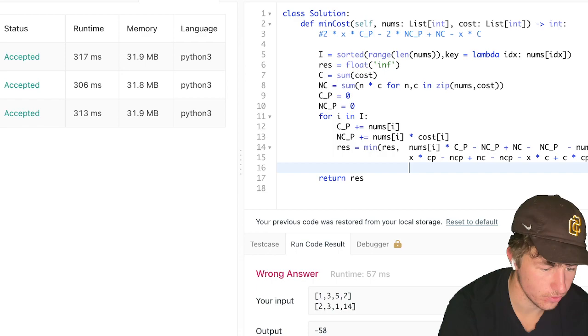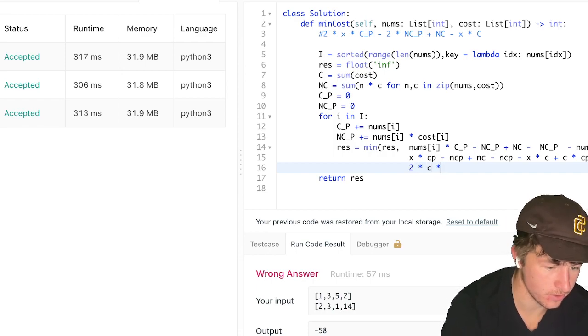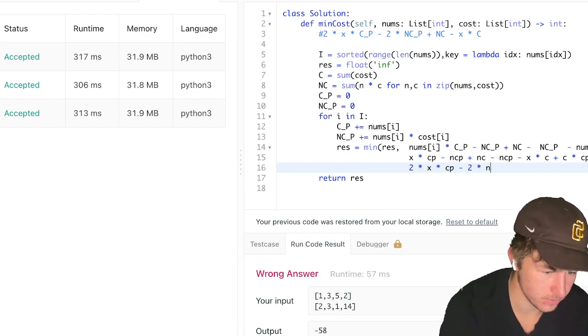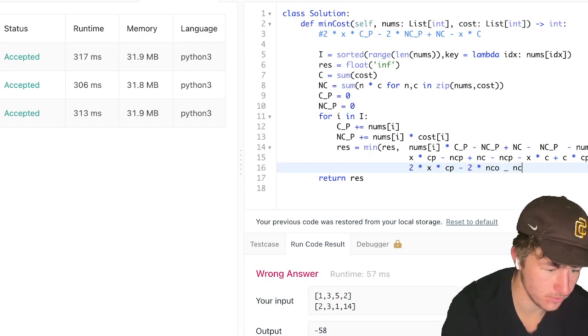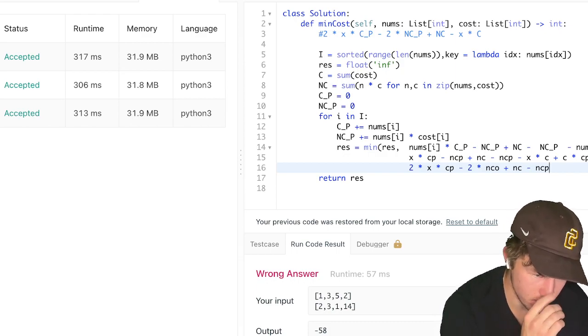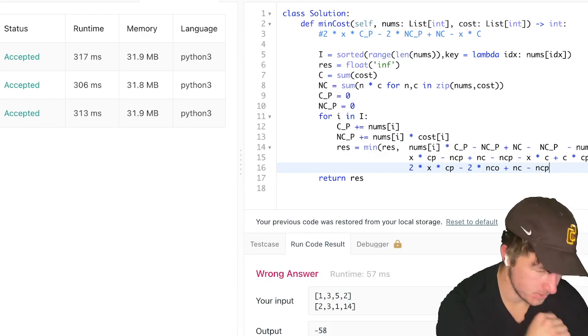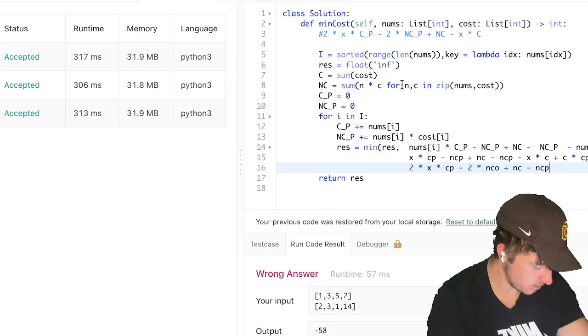So this is 2 times x times c prime minus 2 times nc prime plus nc minus nc prime. And isn't that the same thing I had? What the heck's going on?